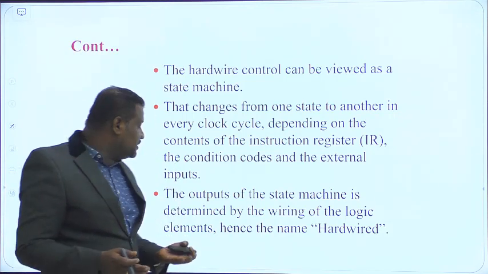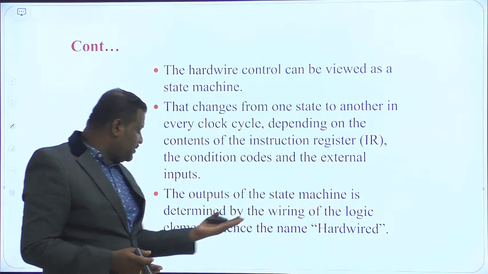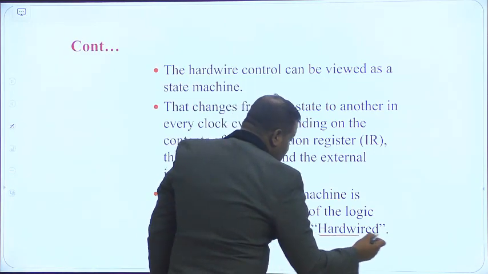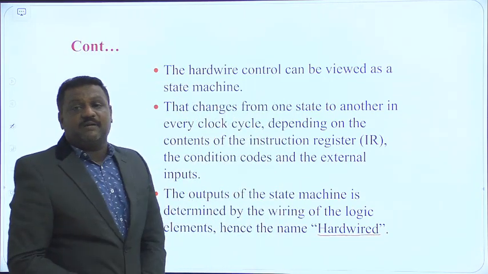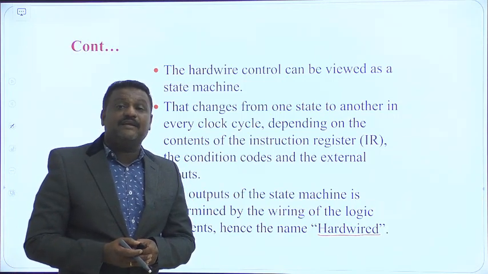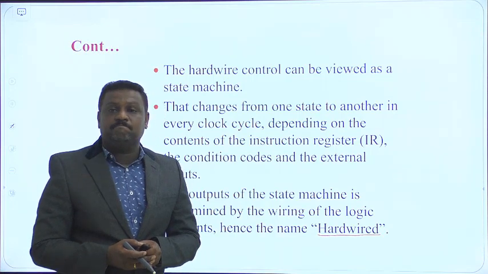So the outputs of a state machine are determined by the wiring of the logic elements. Hence the name hardwired, because purely hardware devices and their interconnections are present in my hardwired control unit. That's why it is called hardwired.